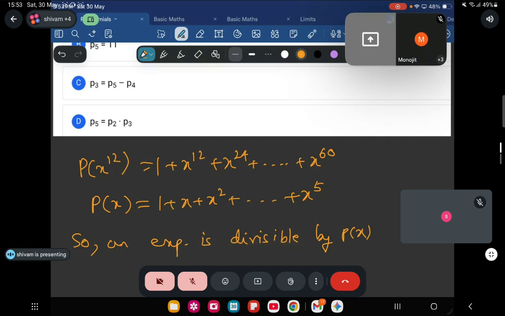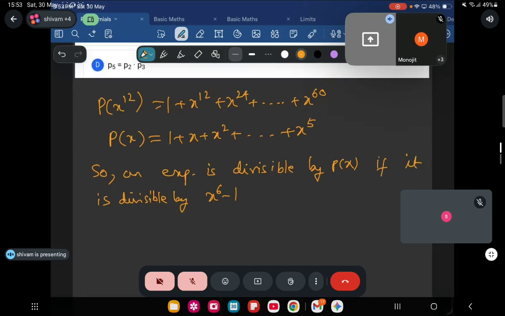So it is divisible by x to the power 6 minus 1, right? So we need to substitute x to the power 6 equal to 1. So what is the remainder? Therefore the remainder is 1 plus 1 plus 1 plus 1 plus 1 plus 1, which is 6. You just have to substitute x to the power 6 equal to 1. Is it clear?